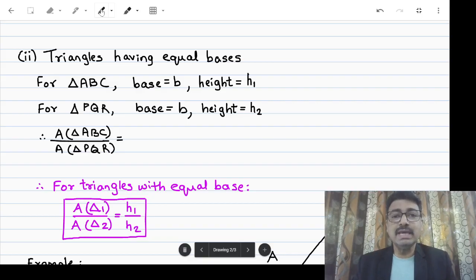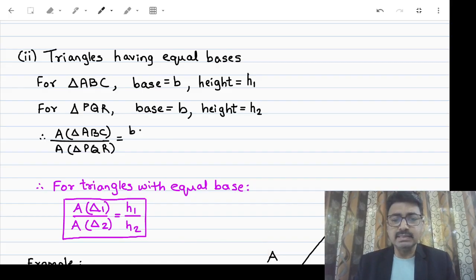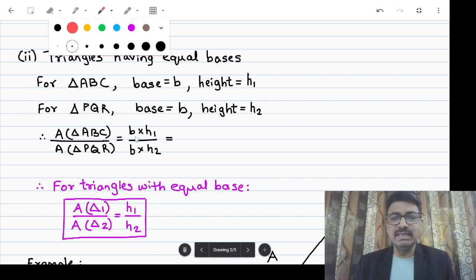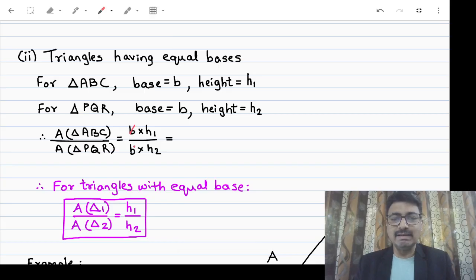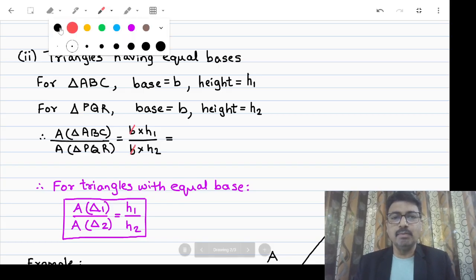Then what can we say about the ratio of areas of the triangles? The ratio of areas is base into height, that is B into H1 for ABC, upon base into height, that is B into H2 for PQR. What gets cancelled? We see that the bases are equal, so they will get cancelled from numerator and denominator.